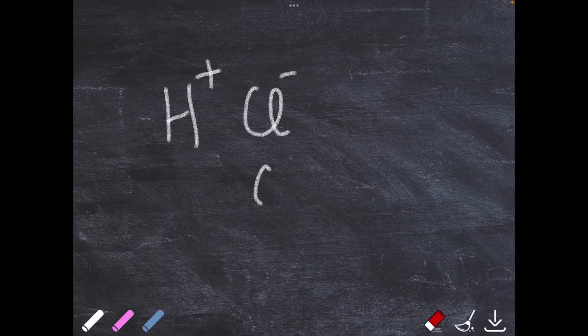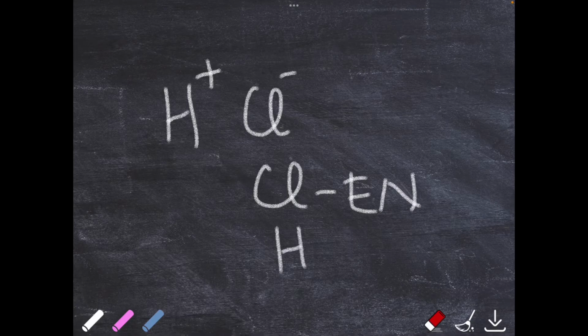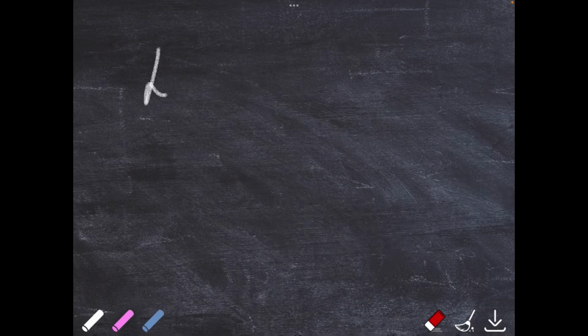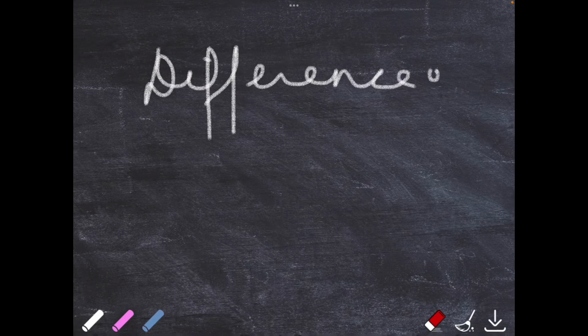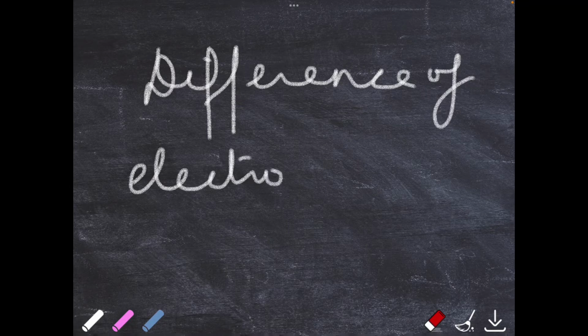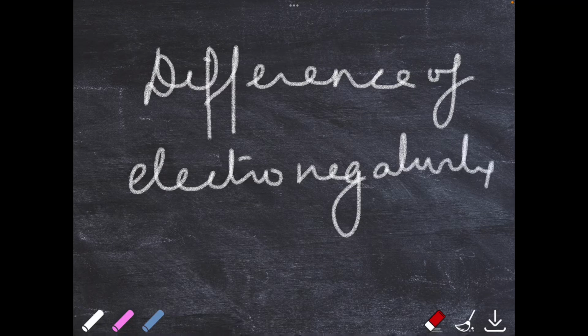Chlorine is highly electronegative and hydrogen is highly, you can say, electropositive. Right? Now whenever there is a difference of electronegativity, dipole moment is there.